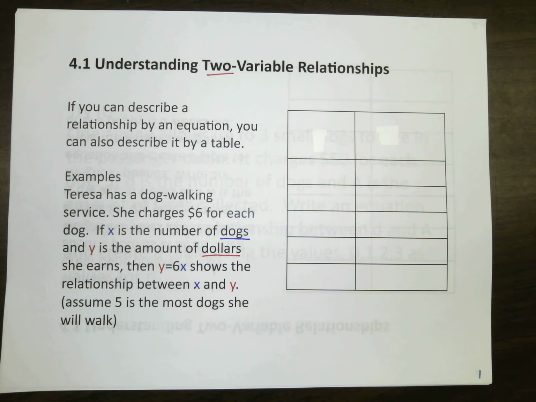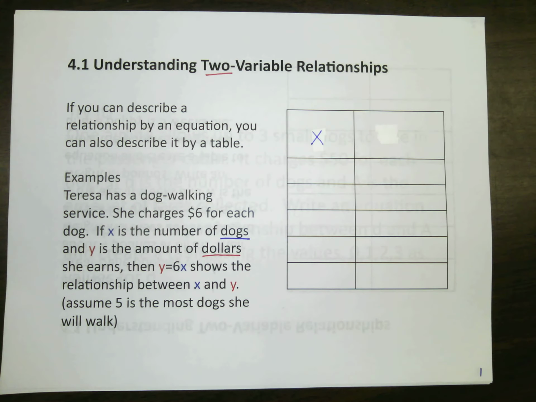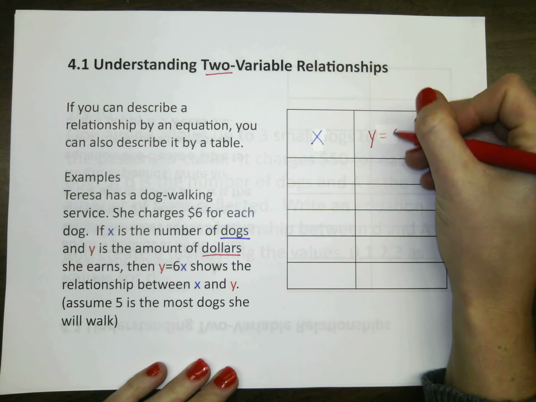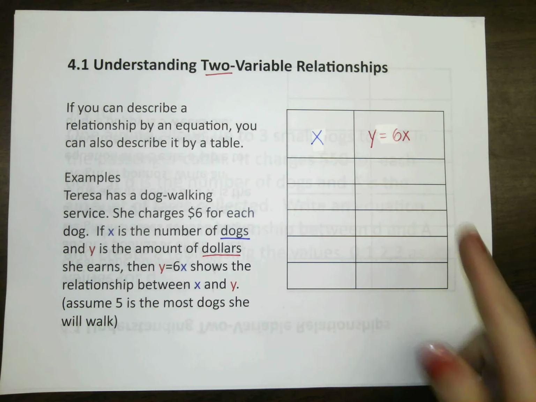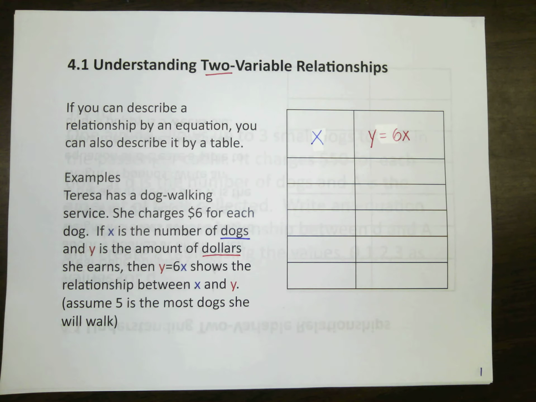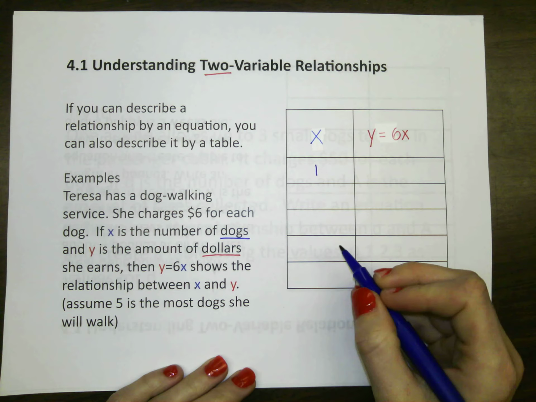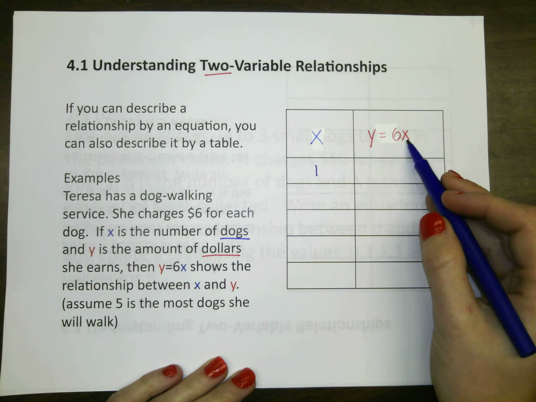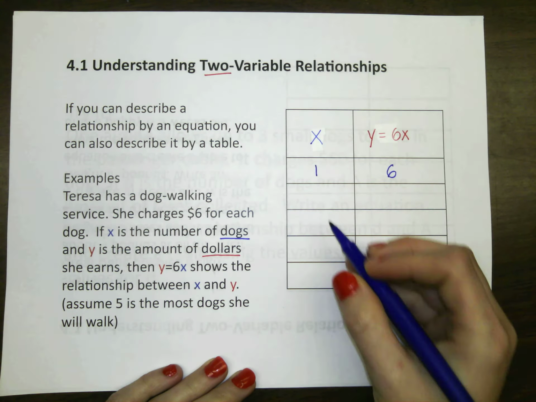So we can set this up in a table by putting X in one column and then our equation in the next, Y equals 6X. Then we can calculate what Y would equal when we have a known value for X. When X is equal to 1, Y would be equal to 6 times 1, which would be 6.